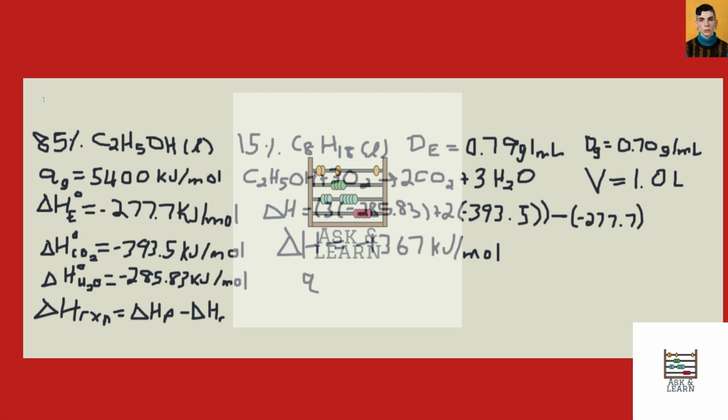So the heat of combustion for ethanol, we're going to put that as a positive 1367 kilojoules per mole, because this is the amount of heat that's being released.